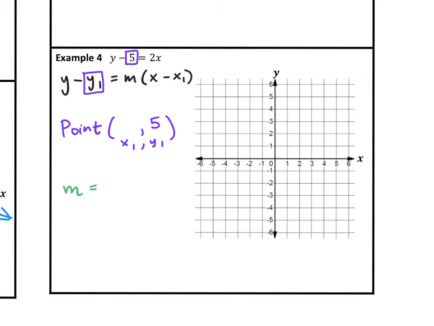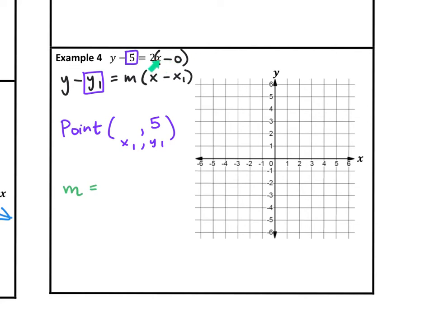Now what is my x1? I don't see two numbers. I just see 2x, right? Now, question, what if I write it like this? What's x minus 0? X, right?